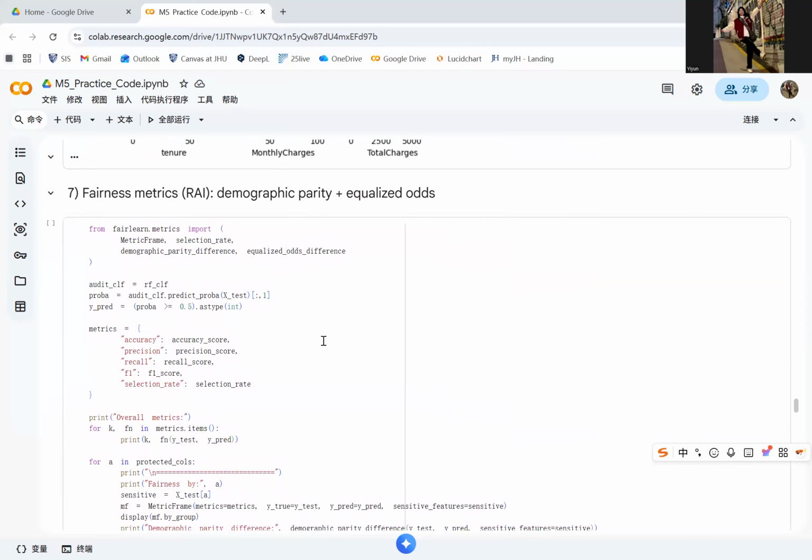These metrics help determine whether prediction rates or error rates differ significantly across groups. Evaluating fairness helps ensure that the model's predictions are equitable and that potential biases are identified.